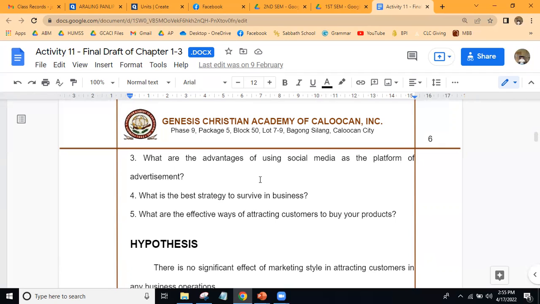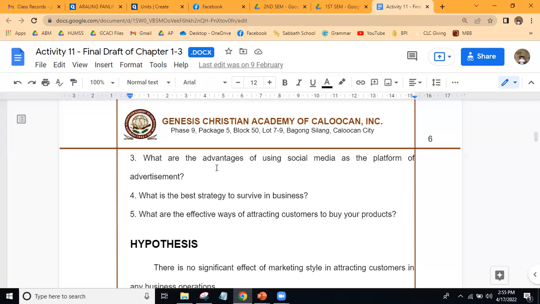So what is the best way or best strategy to survive business? Lalo na ngayon, kapag hindi kilala ang iyong produkto, maaaring hindi ka magtagal sa market. So tatanungin natin sa respondents, what is the best way or best strategy to survive in business? And what are the effective ways of attracting customer to buy products?